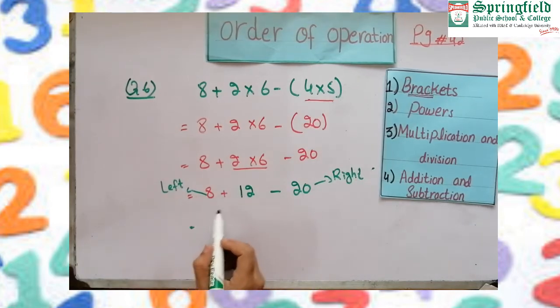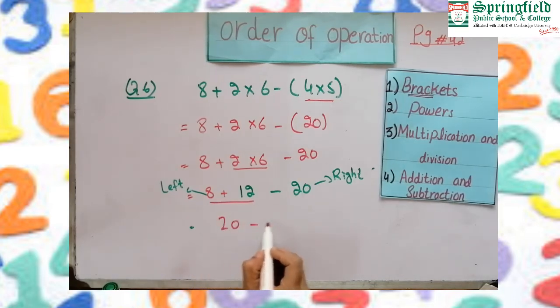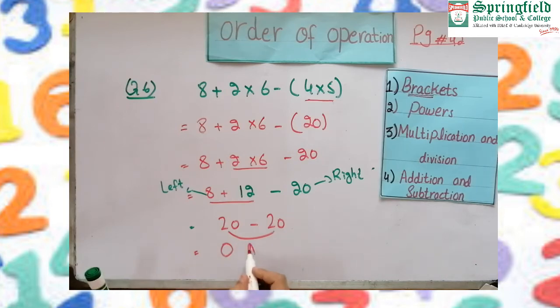So first we will add 8 plus 12, so it becomes 20 minus 20. When we subtract 20 minus 20, we obtain 0. So 0 is the final answer of this expression.